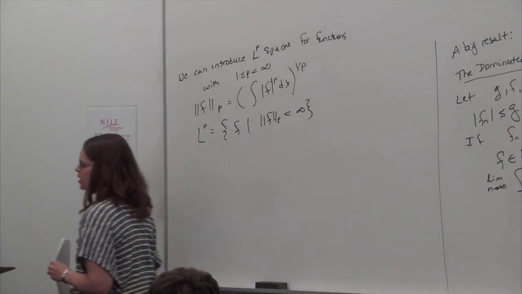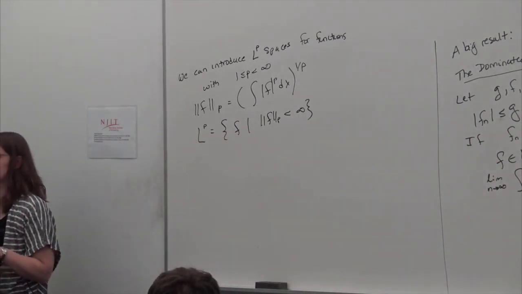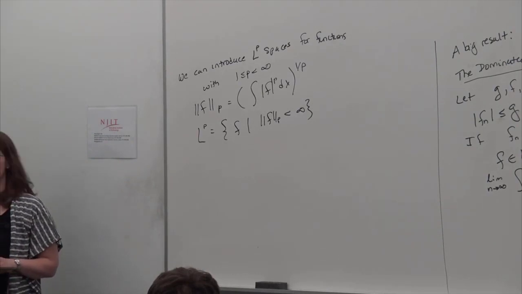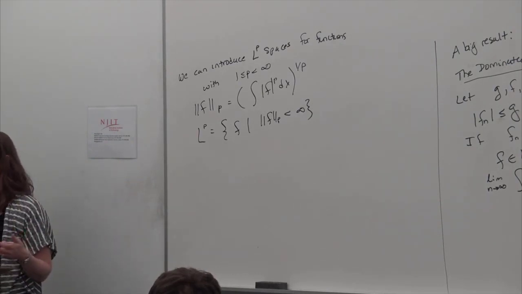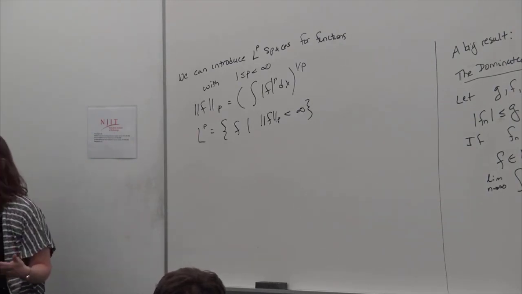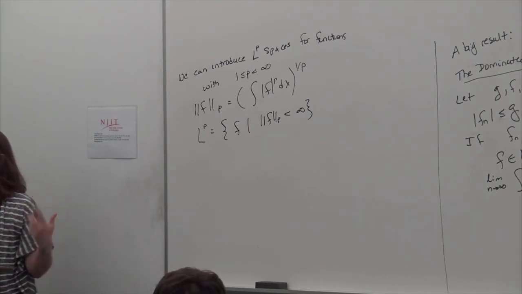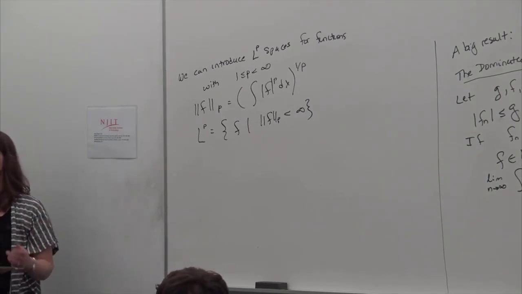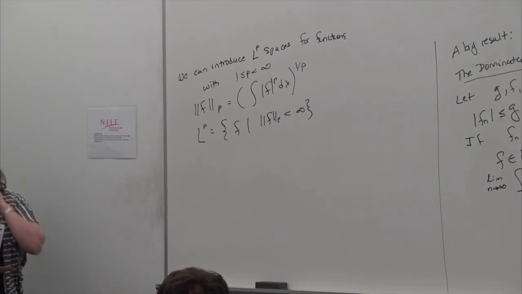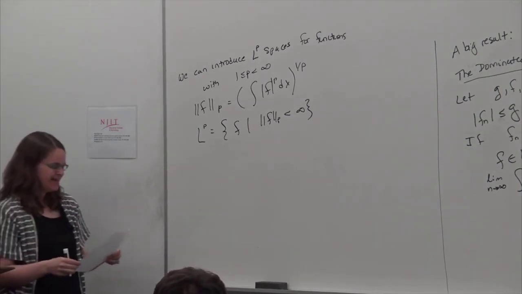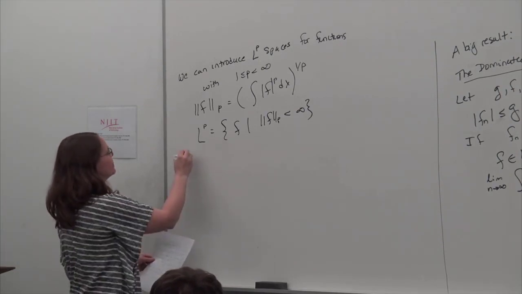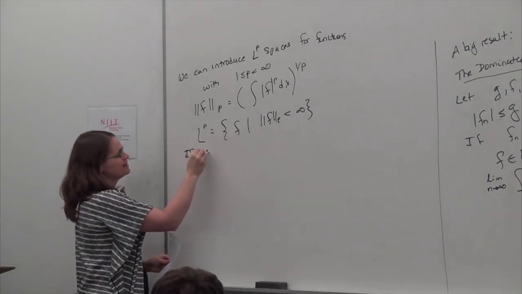So when we did this on Rn for vectors, we took p to infinity and we got the maximum. So the obvious thing to expect here is that if we take p to infinity, we should get the supremum. You're almost correct, but not quite. But it was the obvious first guess. Let's do an example.